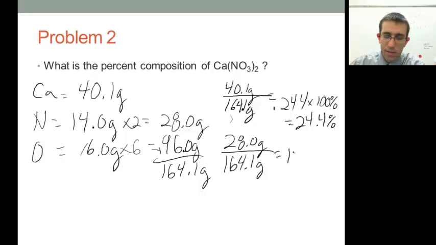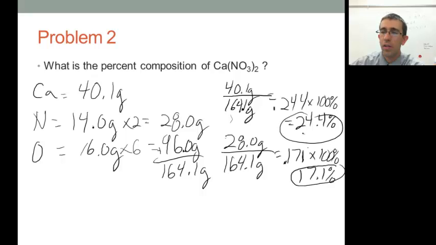And I get 0.171. I'm now going to multiply by 100%. And now I get 17.1%. So, I'll circle these. This is for nitrogen. This is your calcium.